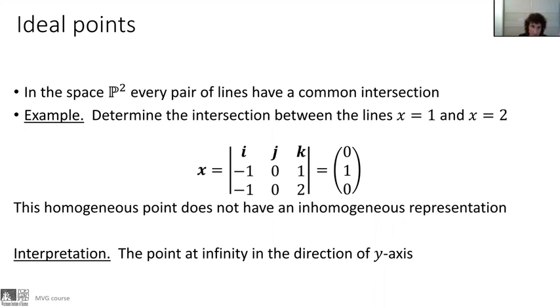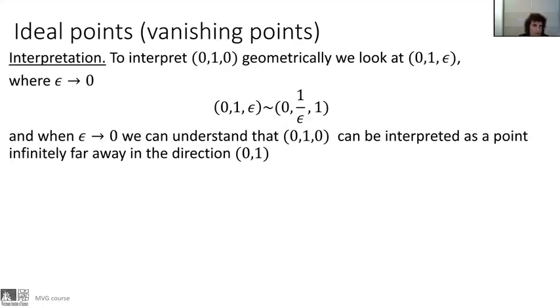Why is it? Let's understand intuitively why this is true. In order to interpret geometrically 0, 1, 0, let's look at 0, 1, epsilon. If we take the homogeneous coordinate, we divide by epsilon, and we get 0, 1 over epsilon, and 1.